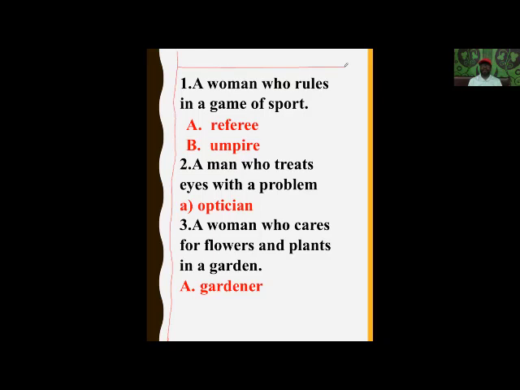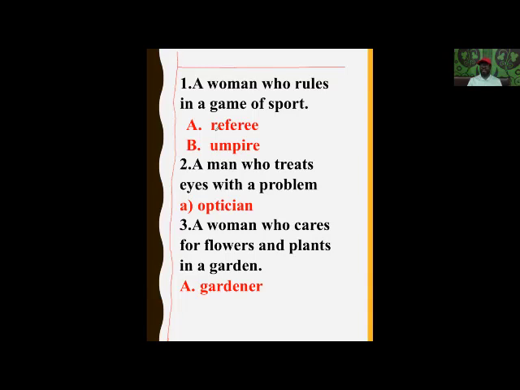Number 1. How do we call a woman who rules in a game of sport? This is the answer. A, she's called a referee. B, she's called an umpire. This is a singular word, so you should put an article. R, that is a consonant sound.